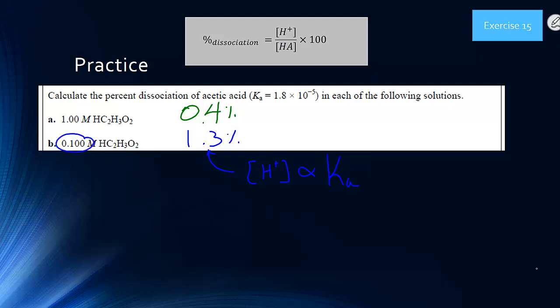So as the acid becomes less concentrated, that denominator decreases, while the numerator should be relatively the same since it is proportional to Ka, which is a constant for both the concentrated and the dilute. Long story short, as an acid becomes less concentrated, its percent dissociation generally increases.